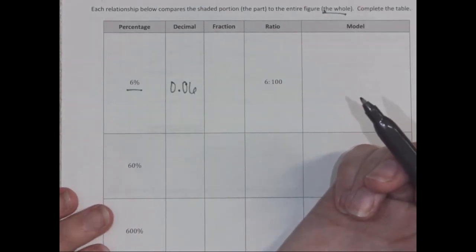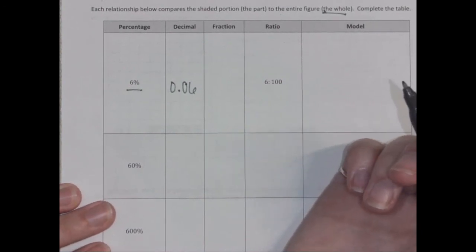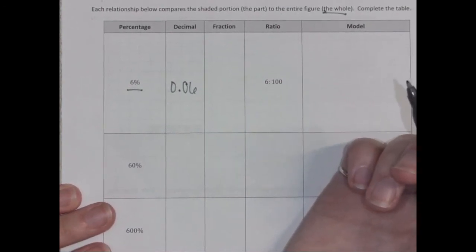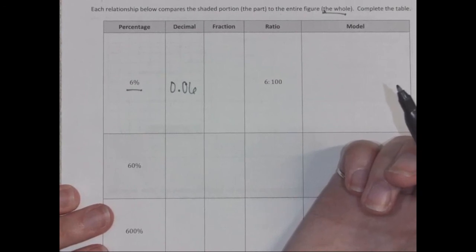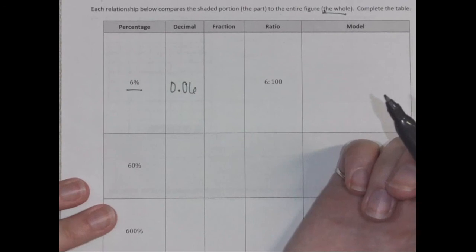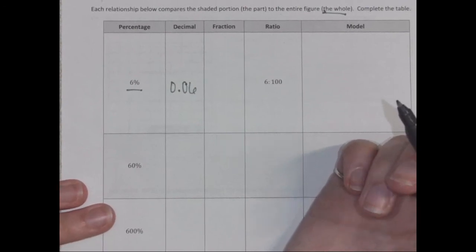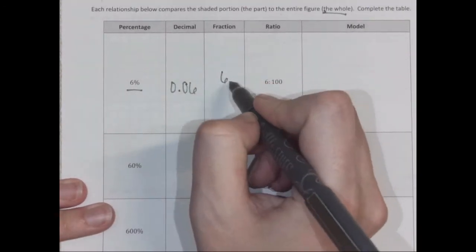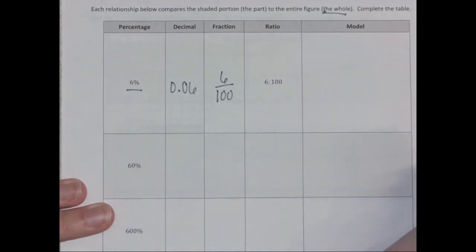Why is it not 0.6, Julie? Because it's 100. Yes, exactly, because it's out of 100, not out of 10. It's in the hundredths place. So, how do I write it as a fraction? Marina? Yes.